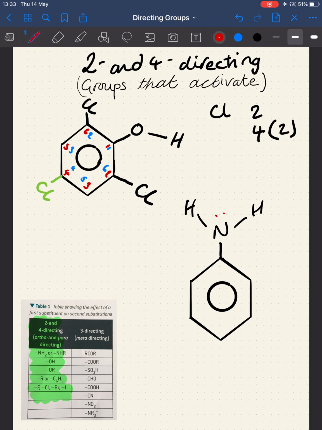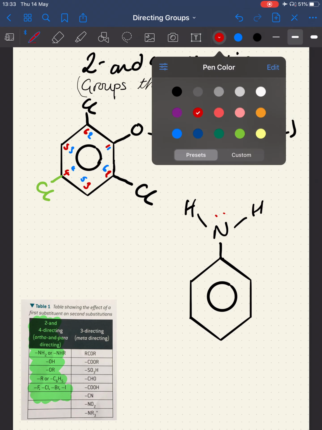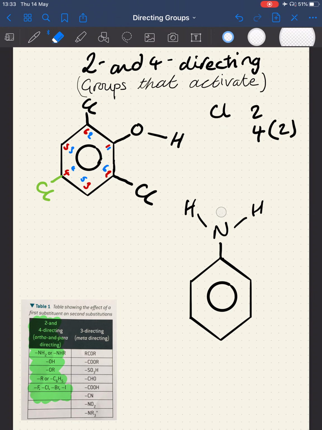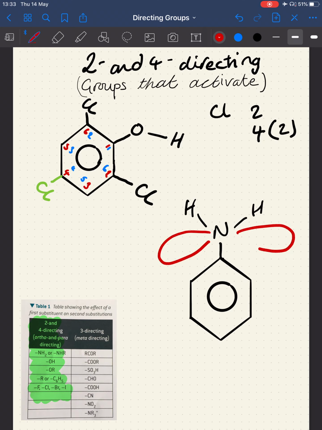That lone pair of electrons we can then focus in on thinking about its p orbitals, which donate electrons into the pi system, increasing the reactivity of it, and in doing so, directing any substitution to positions 1, 2, 3, 4, 5, and 6.